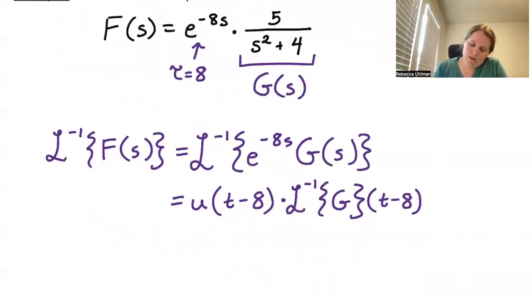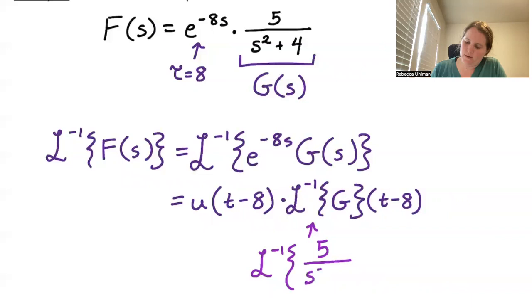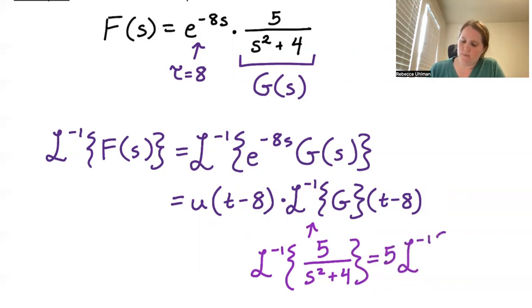So the inverse Laplace transform of 5 over s squared plus 4 is just 5 times the inverse Laplace transform of 1 over s squared plus 2 squared.